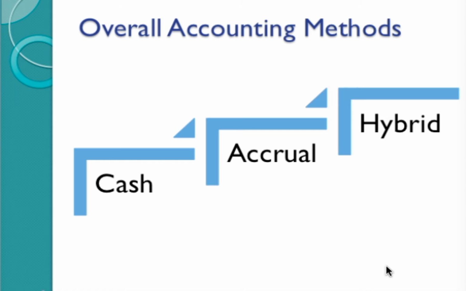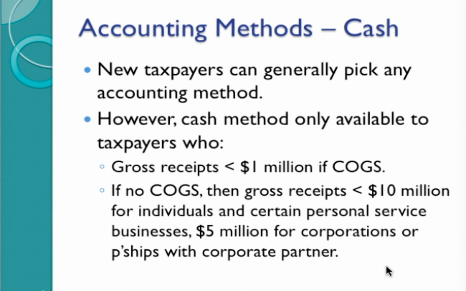Like I said, when we talk about accounting methods, we're talking generally about a cash, accrual, or hybrid method. Generally, new taxpayers can pick any of the accounting methods. However, cash method is the only available method for entities that have gross receipts of less than $1 million if there's a cost of goods sold.